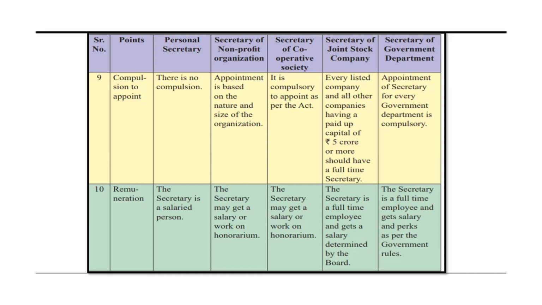In case of a joint stock company, the secretary is a full-time employee and gets a salary determined by the board. In case of a government department, the secretary is a full-time employee and gets salary and perks as per the government rules. So with this class, we have completed the first chapter, that is secretary, entirely.